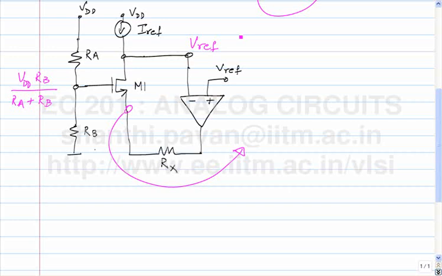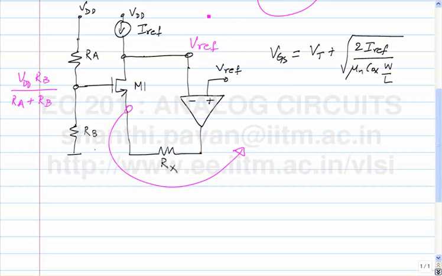Alright. So the current through the transistor is Iref. So how would I find the gate source voltage? VGS of the transistor is nothing but Vt plus square root of 2 Iref by mu n Cox W by L, which means what is this potential?